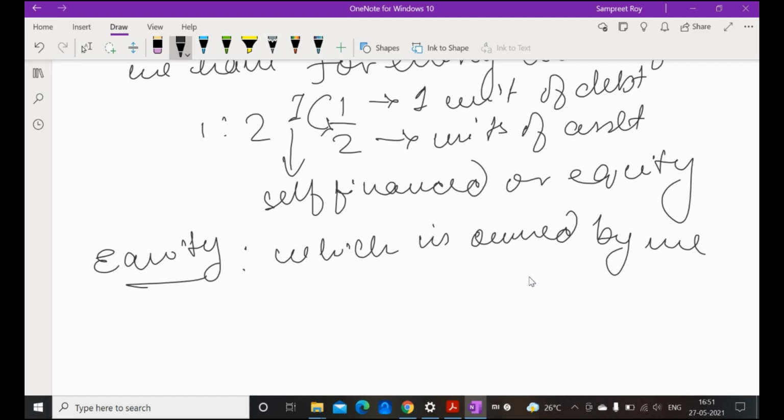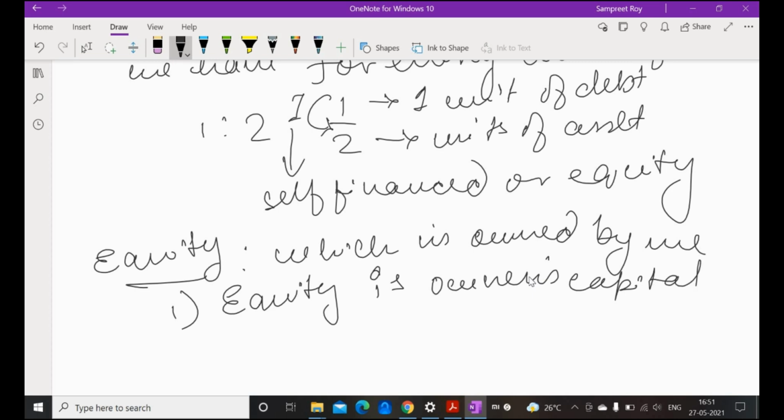That's because there are certain properties of equity shares, right? First and very important property is equity is owner's capital. Equity is owner's capital, right?